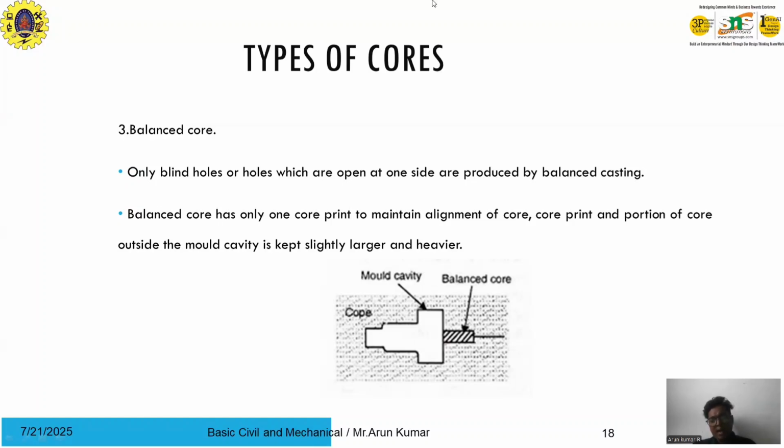For example, this is my mold cavity. There is a cope and drag. The balanced core is placed at the backside of the mold cavity, exactly at the parting line of the cope.